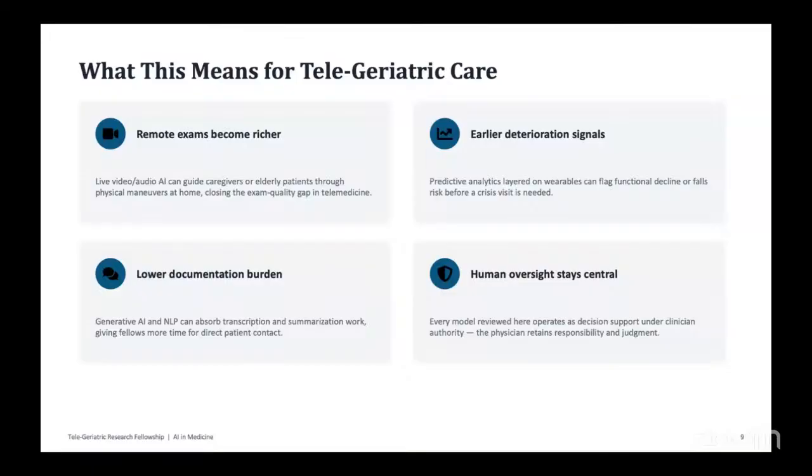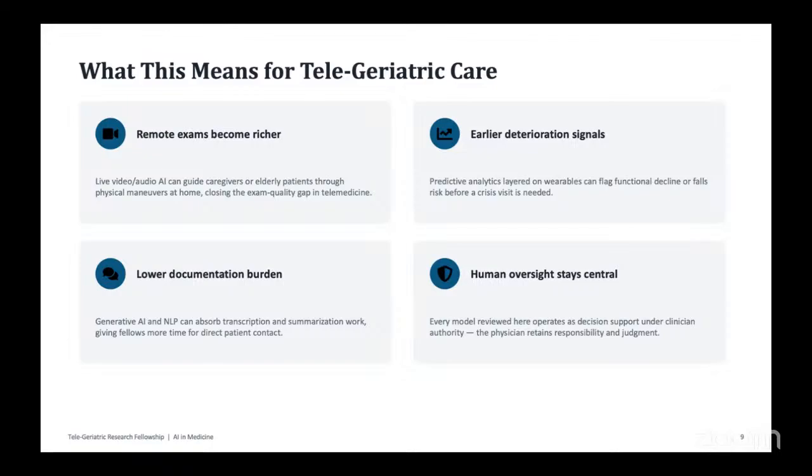Third, our documentation burden goes down. Generative AI and NLP tools can absorb a huge share of transcription and summarization work, which gives us as fellows and clinicians more actual time for direct patient contact instead of typing notes.